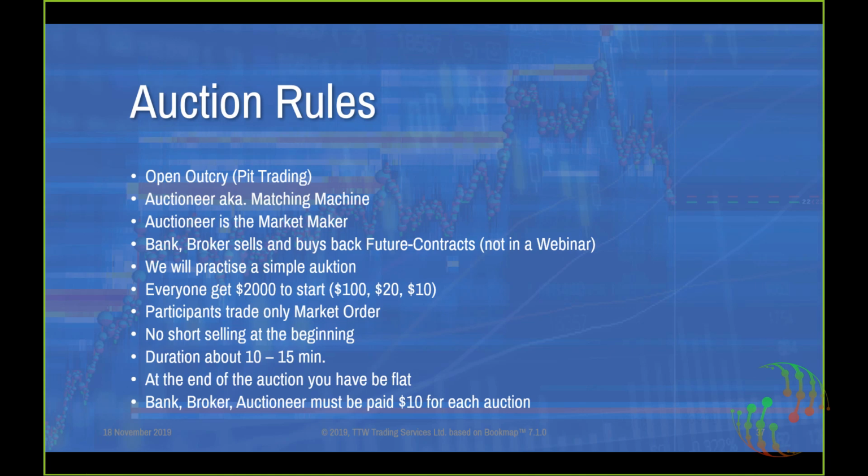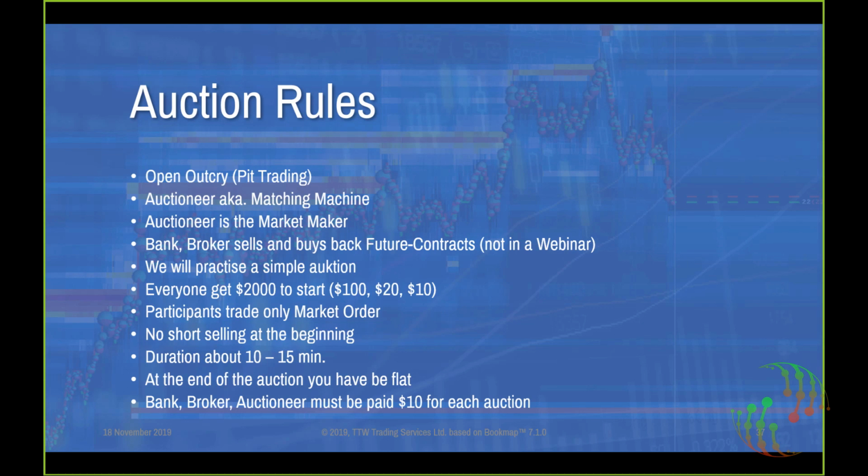We will not do short selling. You will only trade market orders. As said, no short selling at the beginning. Duration is, let me say, 10 minutes or so. We will see how this evolves and what happens.